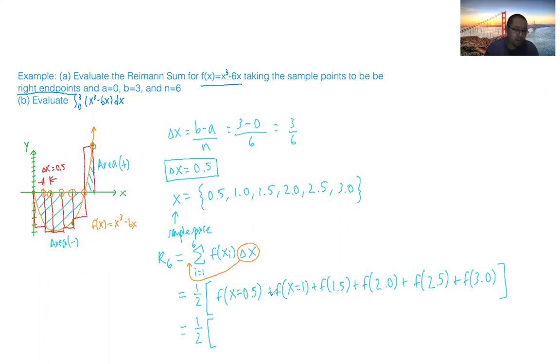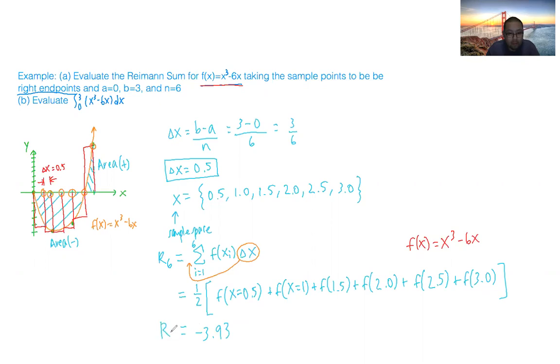And so if you put that into a calculator, and remember that the function we are talking about is this one right here, so for all of these, evaluate x cubed minus 6x, you're going to find that you get a final answer of negative 3.93.